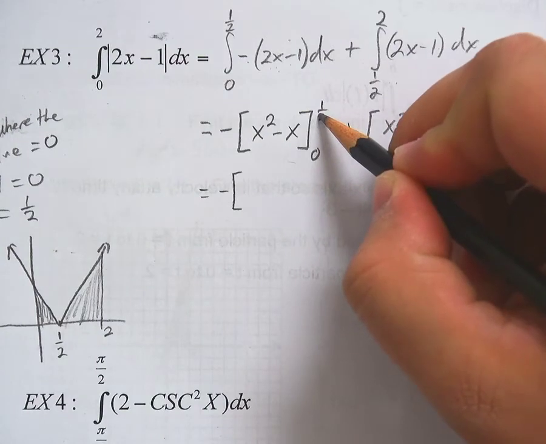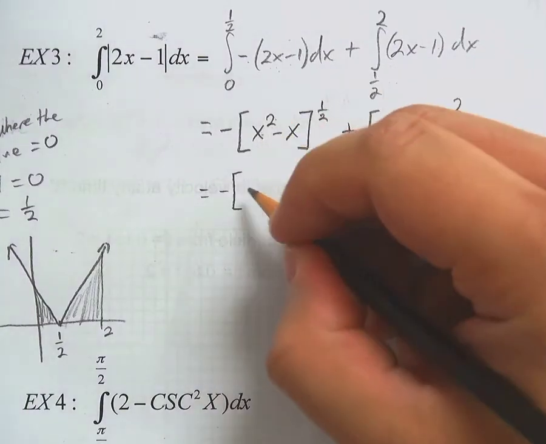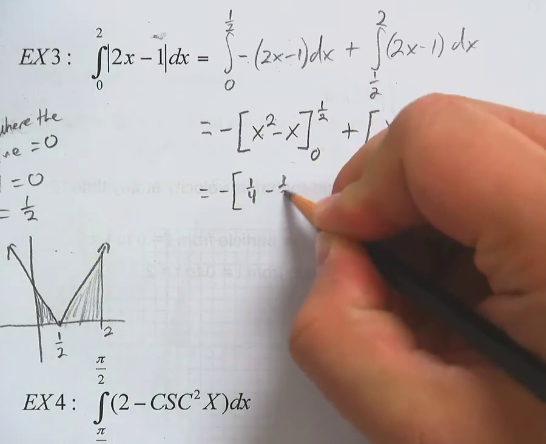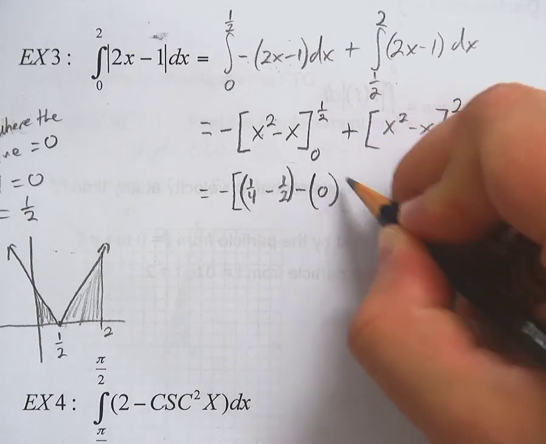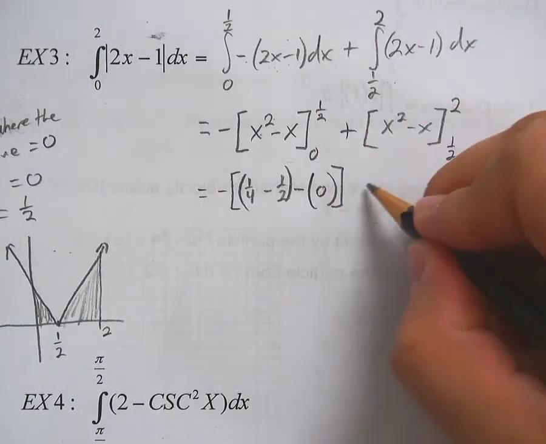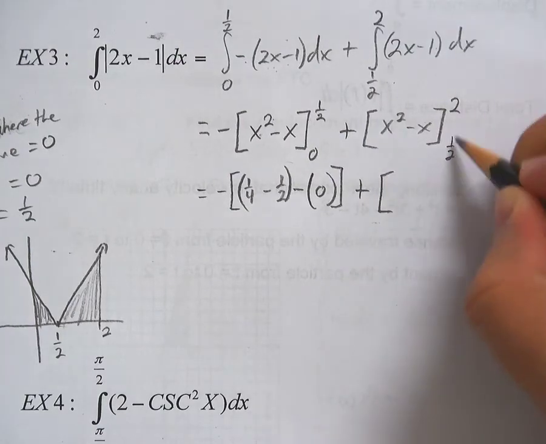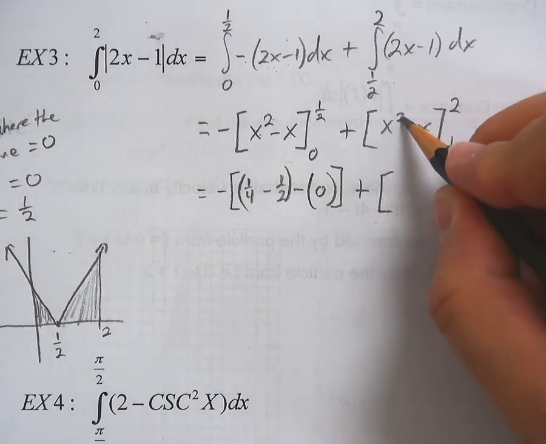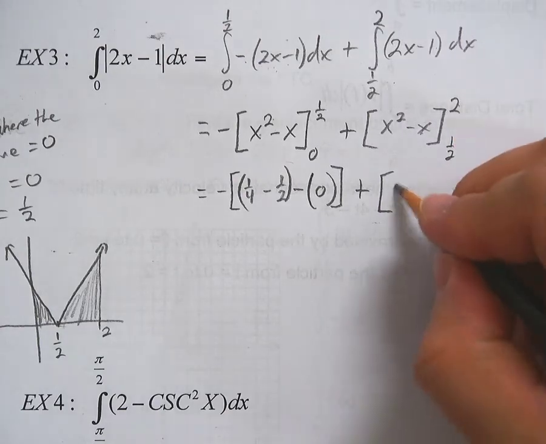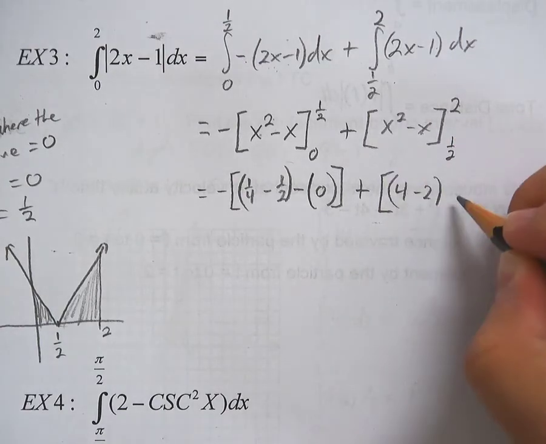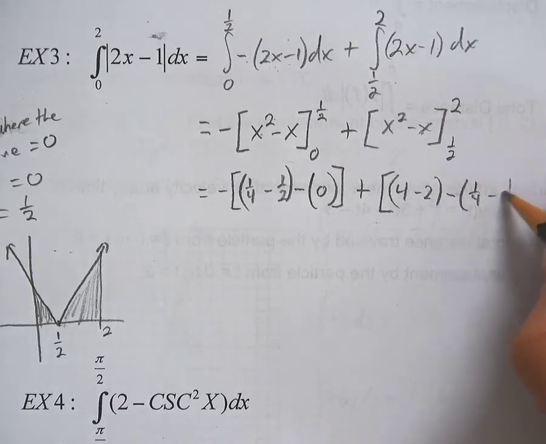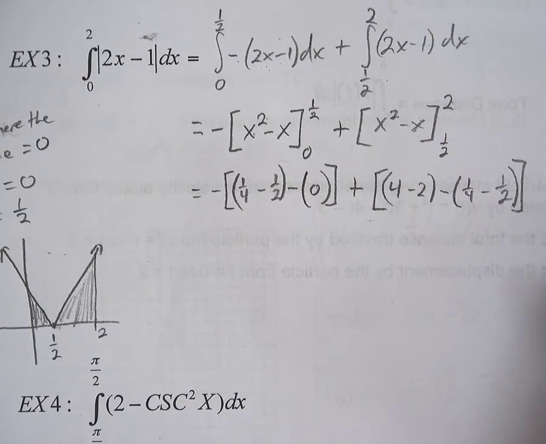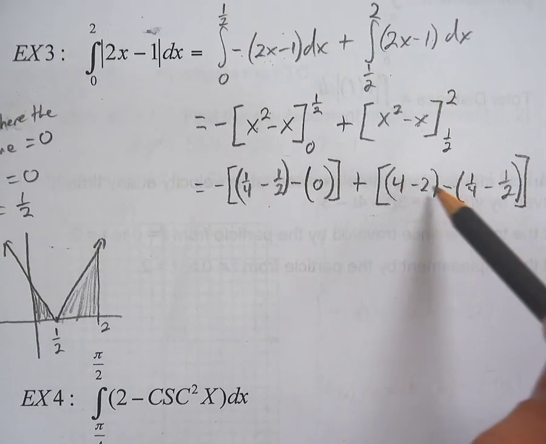If you plug a 1/2 in here, you get 1/4 minus 1/2, f of b minus f of a, which is 0, plus f of b, which is 4 minus 2, minus f of a, which is 1/4 minus 1/2, right? F of b minus f of a.